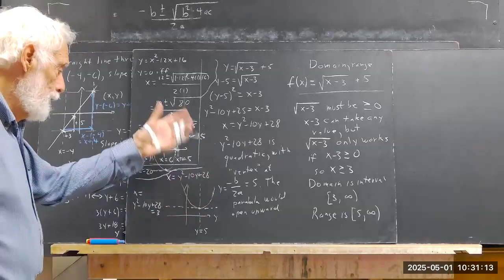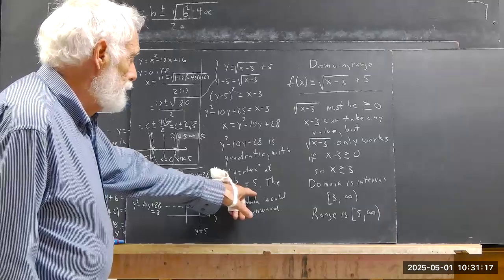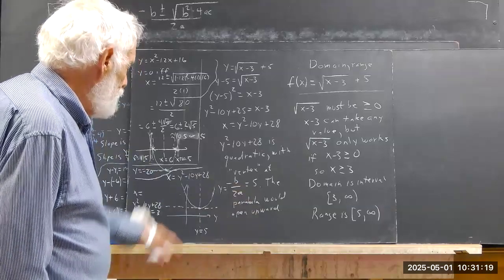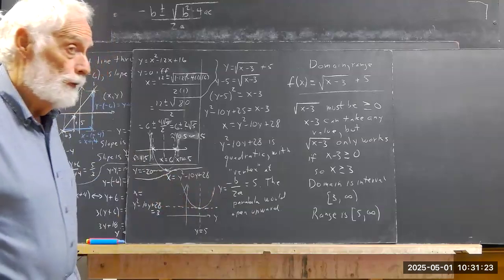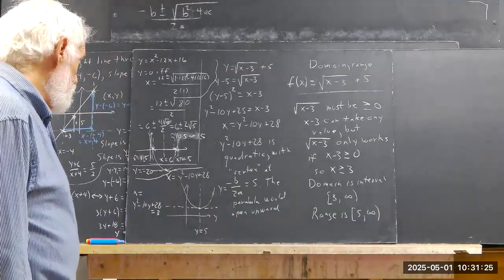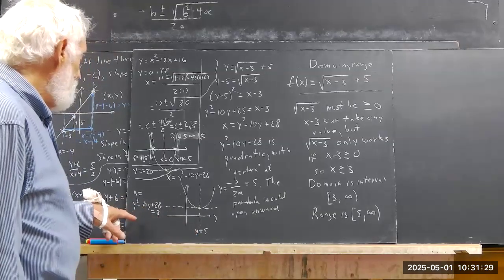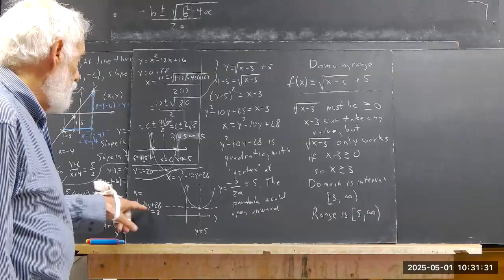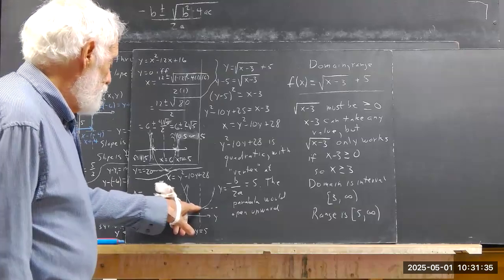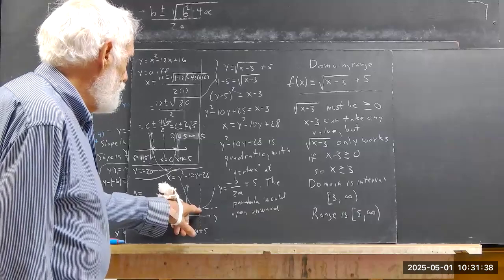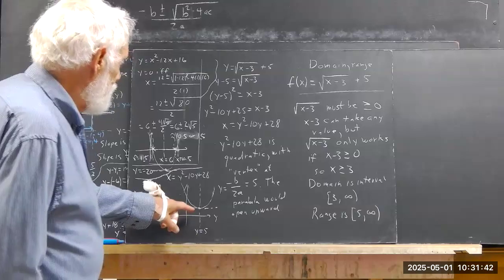And if we graph this, well, the vertex is at y equals 5. So here's a line y equals 5. That's going to be the axis of symmetry for our function. And if y equals 5, we plug 5 in here and we get 3. So this point is y equals 5, x equals 3.